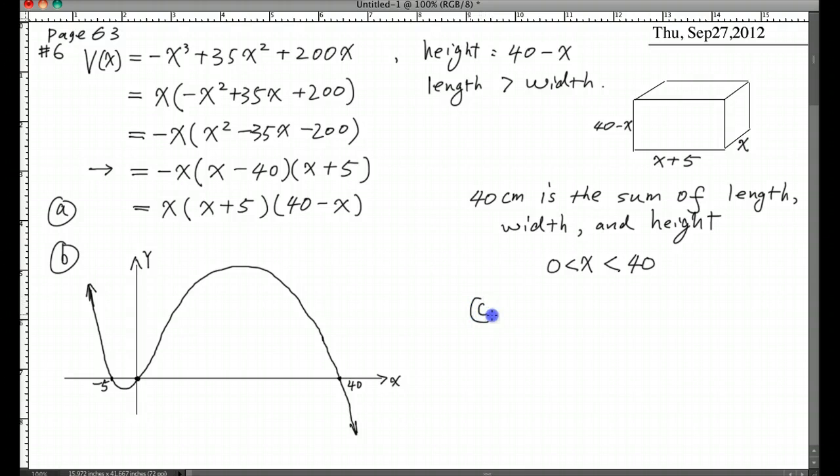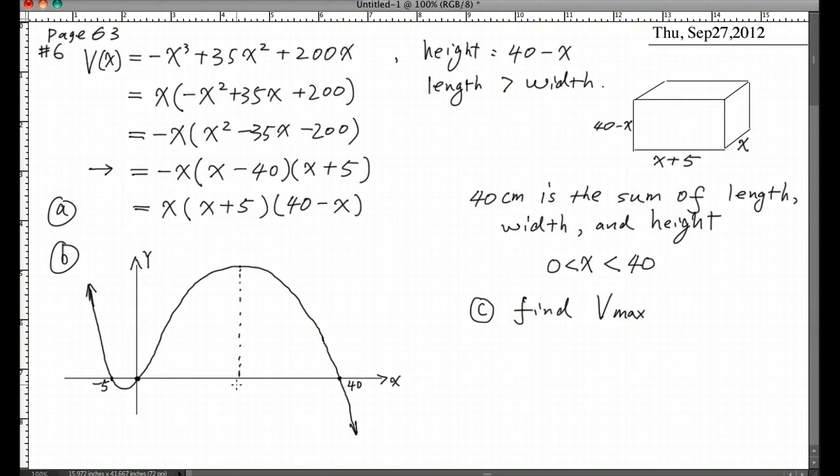Okay, so that's B. And then C. C is you need to determine the maximum value of this volume, the maximum volume of the gift box. So finding V maximum. Obviously we're looking for this point.